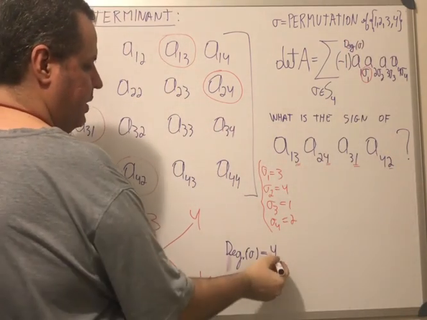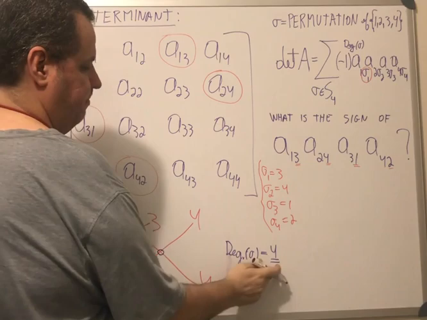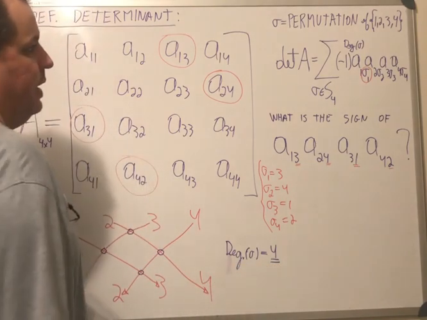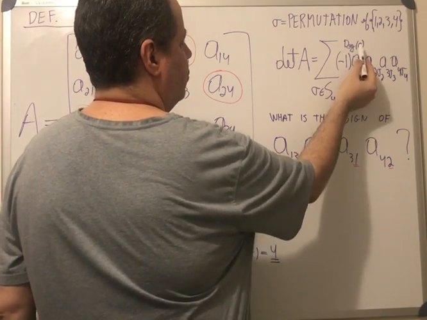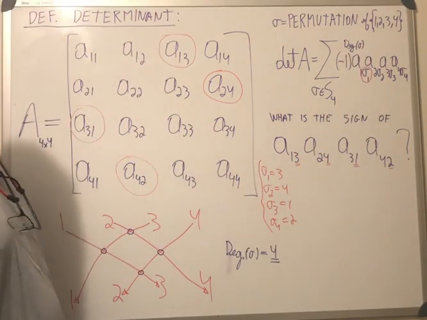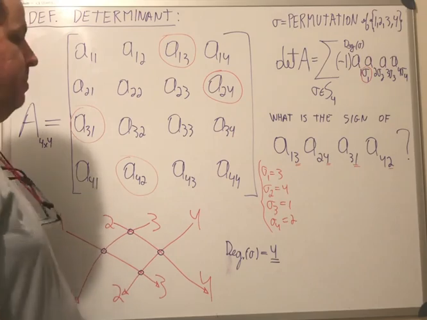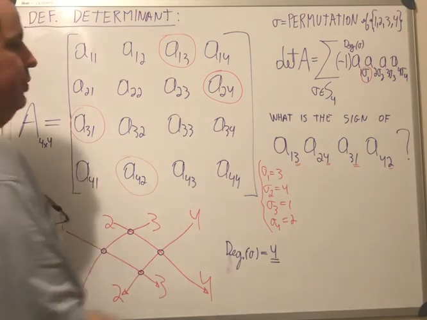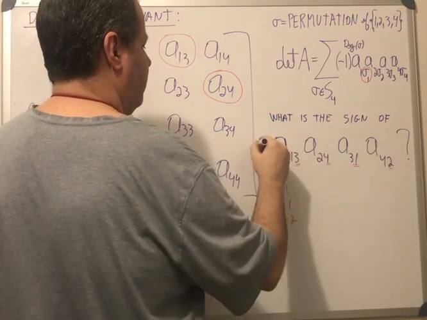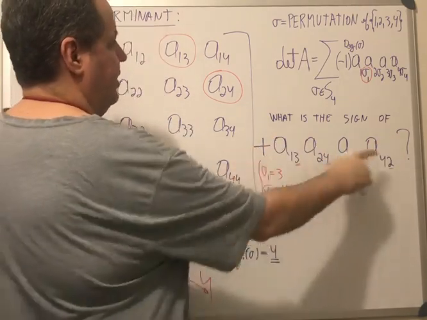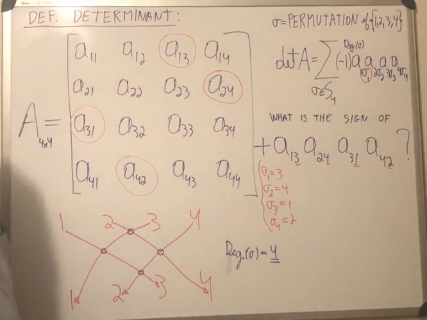Anyway, the important thing is this is an even number. And therefore, minus 1 to the power of an even number, 2, 4, 6, 8, is going to be positive. So this term here will be preceded by a positive sign in the calculation of the determinant.